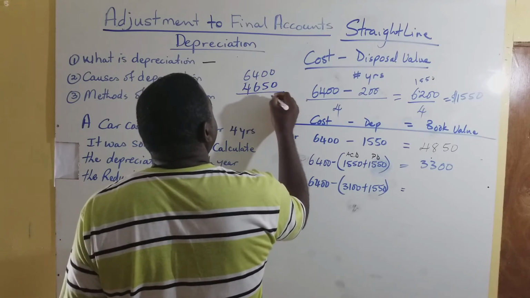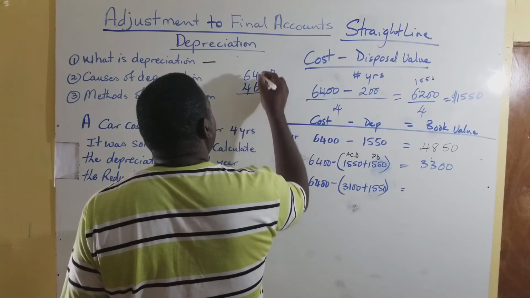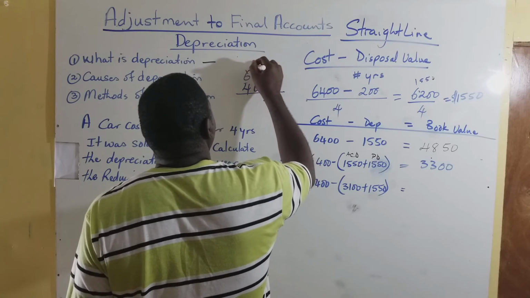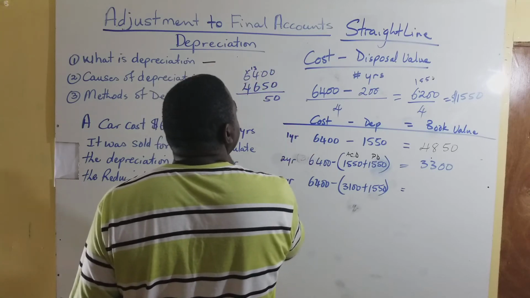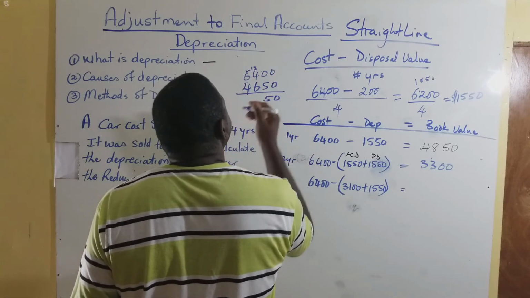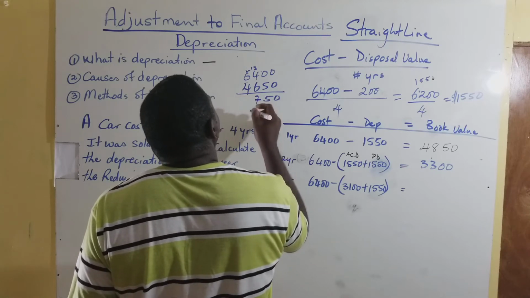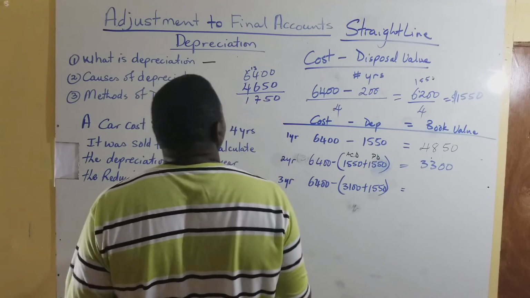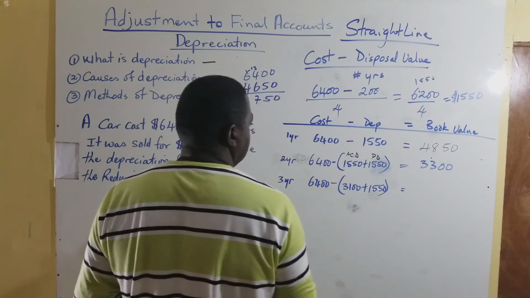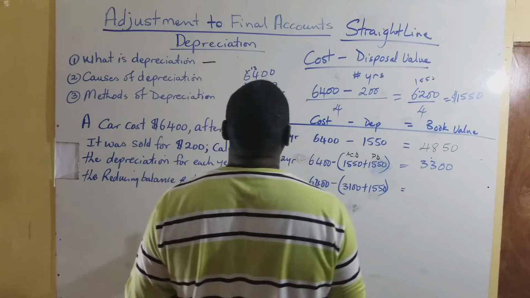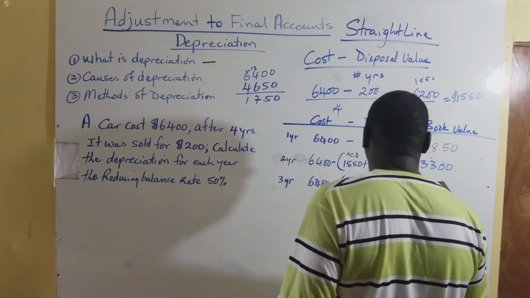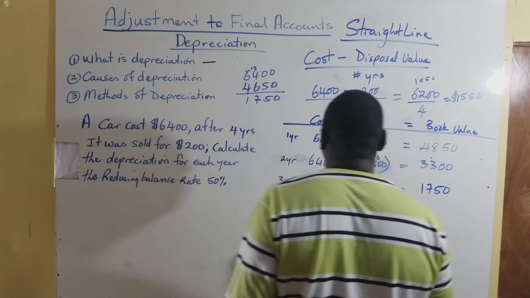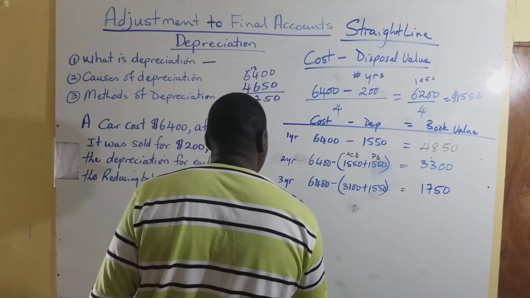Subtract it from 6,400, and we're going to get 1,750. Good. So the book value would be 1,750.